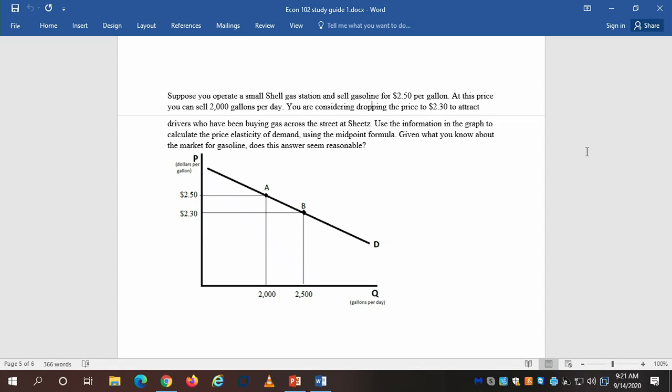Can't do all that in my head. 500 divided by 2250, I got 0.2 repeating.